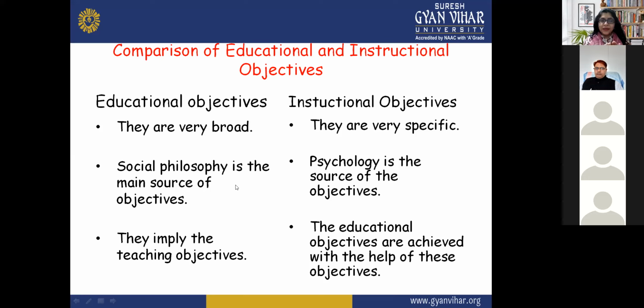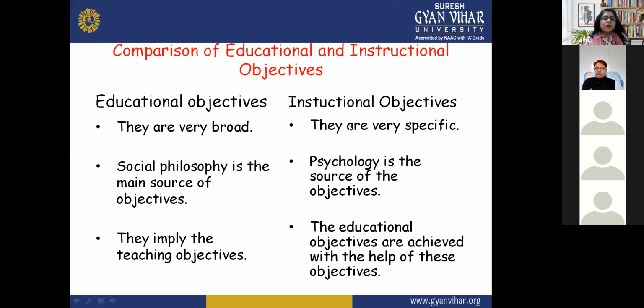So it cannot be separated. But when we are talking about instructional objectives, then psychology is the source of the objectives. I am making you mindful that this is a particular question you will have in your UGC NET exams also, because psychology is related to instructional objectives and social philosophy is related to educational objectives.